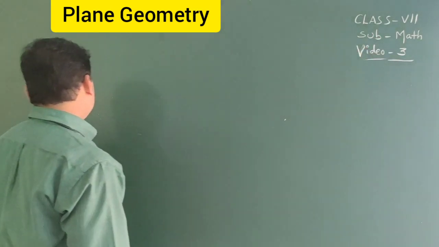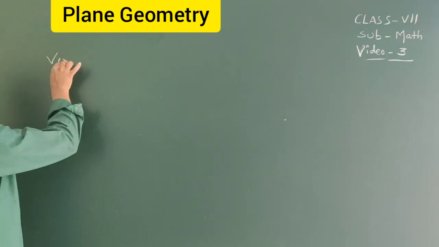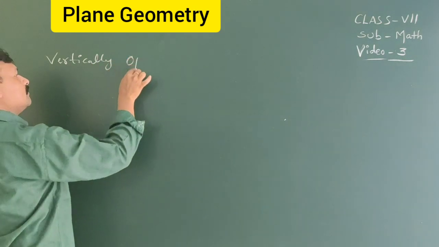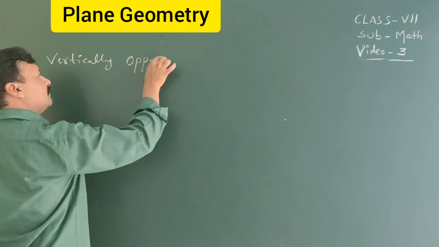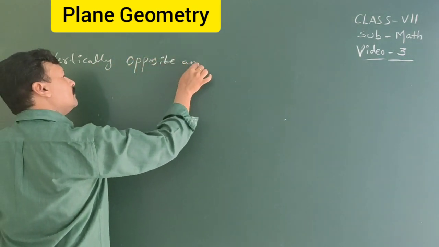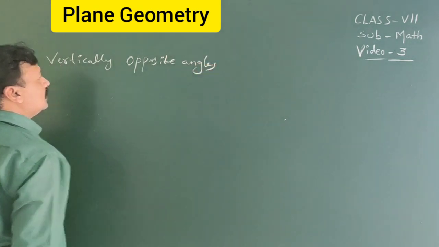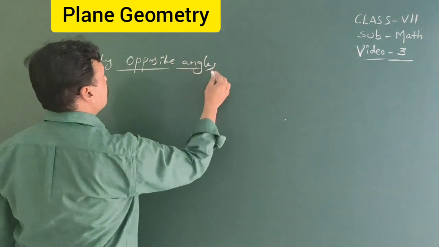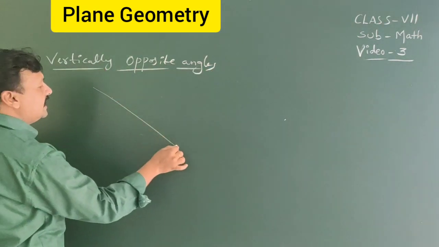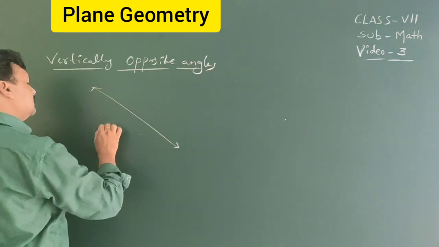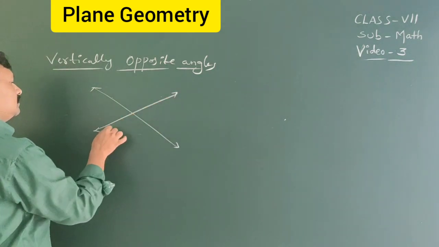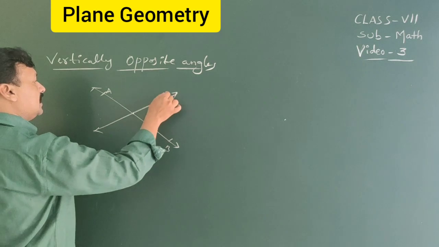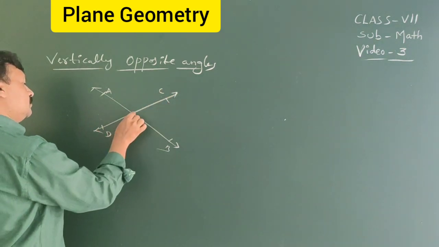Now, vertically opposite angles. Two lines intersect each other at a point. For example, here AB and CD are two lines.